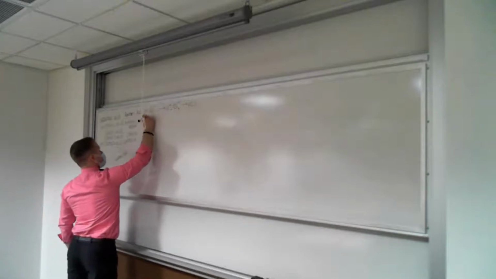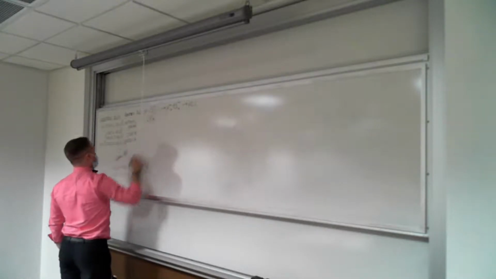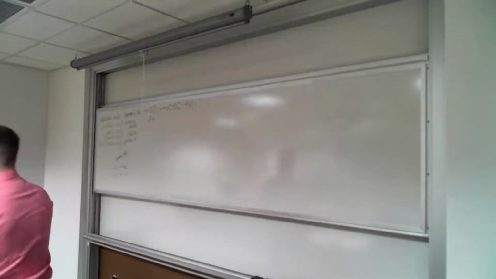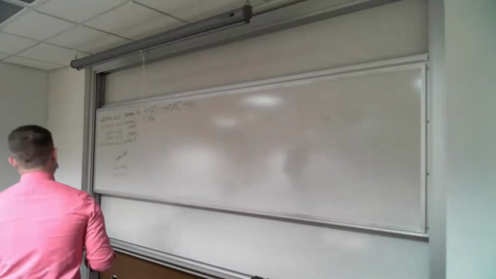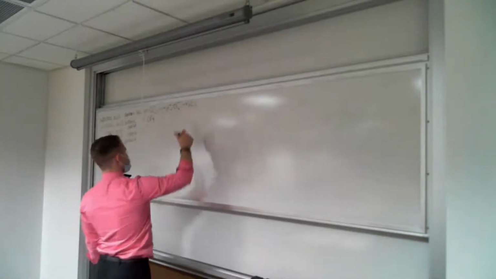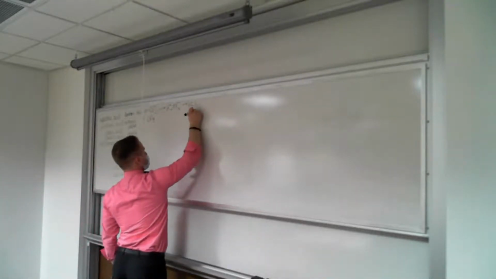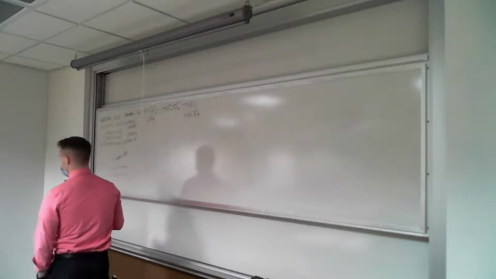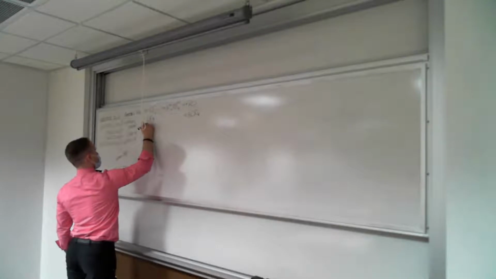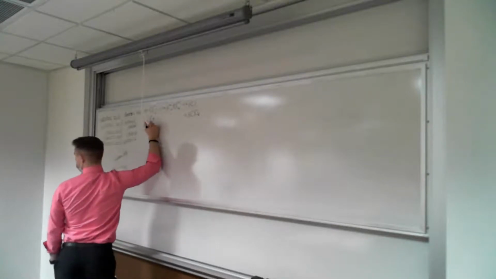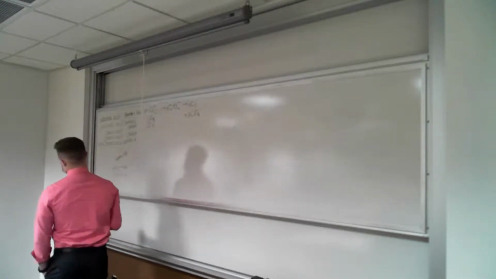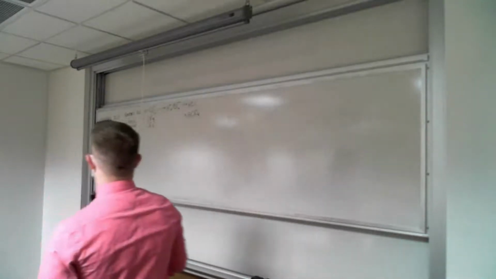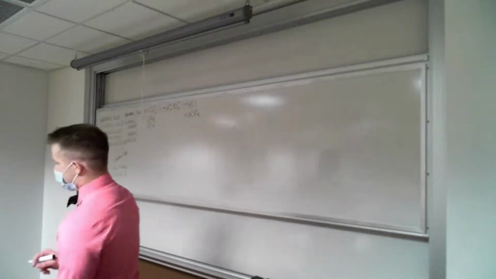Perchlorate is ClO4 minus. What do you think chlorate is? ClO3 minus. The charge doesn't change, just the number of oxygens. So if perchlorate is ClO4 and chlorate is ClO3, what is chlorite?